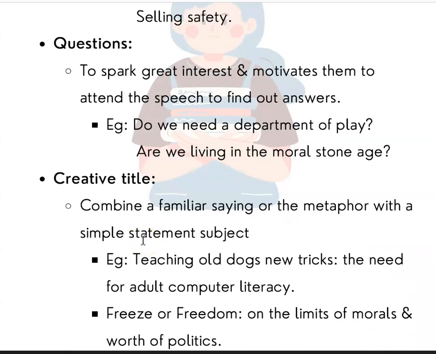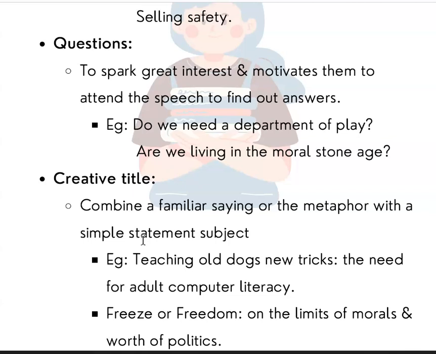This is a really good hook for your audience to be very attracted to your talk and very curious to know what it is about. How you can create a creative title is to combine a metaphor with a simple statement. For example, teaching an old dog new tricks: the need for adult computer literacy. So you have a metaphor followed by a simple sentence.